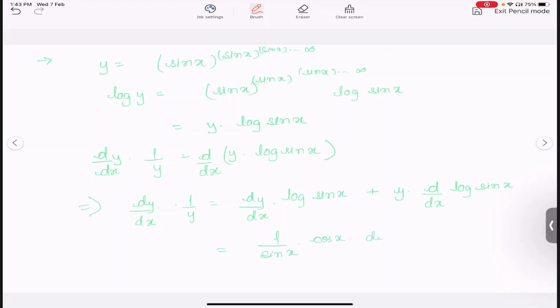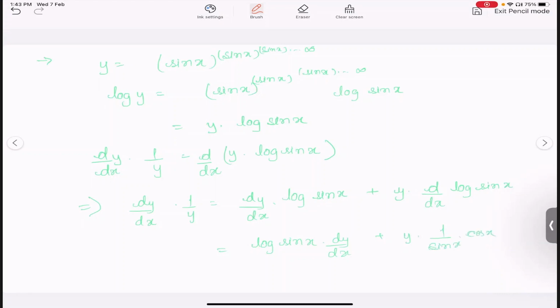So dy by dx times log of sine x plus y times 1 by sine x cos x.